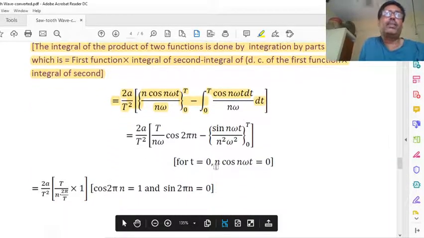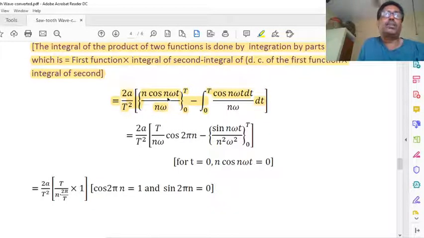Now this is 2a by T square, and n can cancel out, cos n omega. Omega may be replaced by 2 pi by T. So whenever we set the limit, we use omega is equal to 2 pi by T, and 1 by T is equal to what? Frequency n. So cos 2 pi n, and cos 2 pi n here, and this cos n omega t dt.